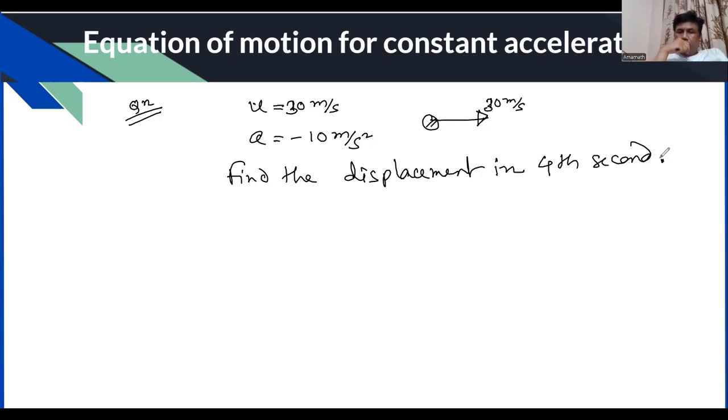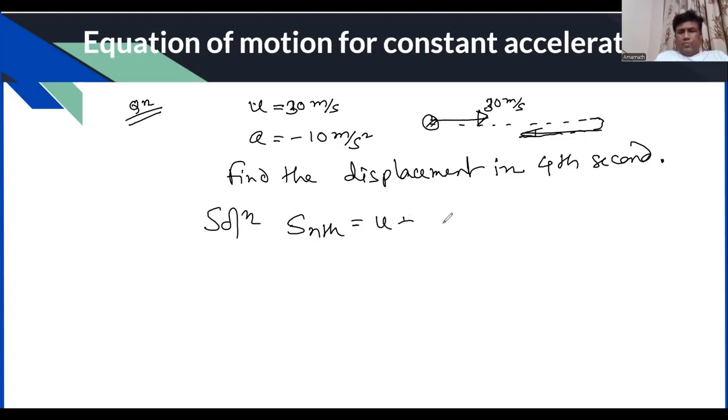Minus 5 meters, sir. I also think so, because the particle at this point its velocity will be 0. Then it will come back. I think that the fourth second is the return journey only. So what I do actually, directly I apply the formula, the nth second formula.